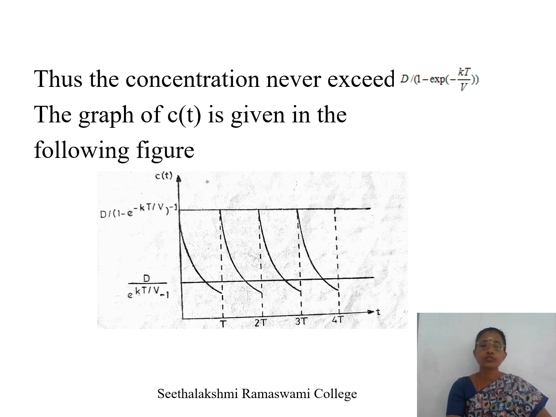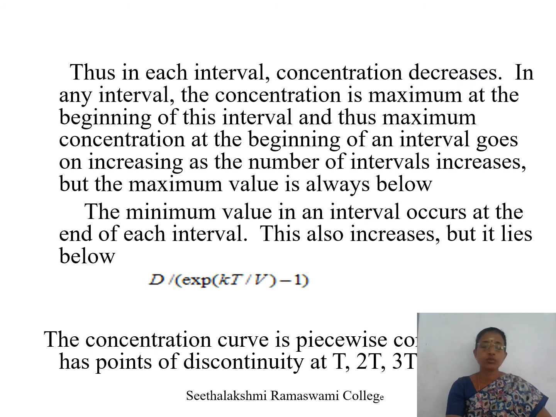The graph of C(t) is given in the following figure. From the figure, we observe that in each interval, the concentration decreases. In any interval, the concentration is maximum at the beginning of the interval, and this maximum concentration goes on increasing as the number of intervals increases.